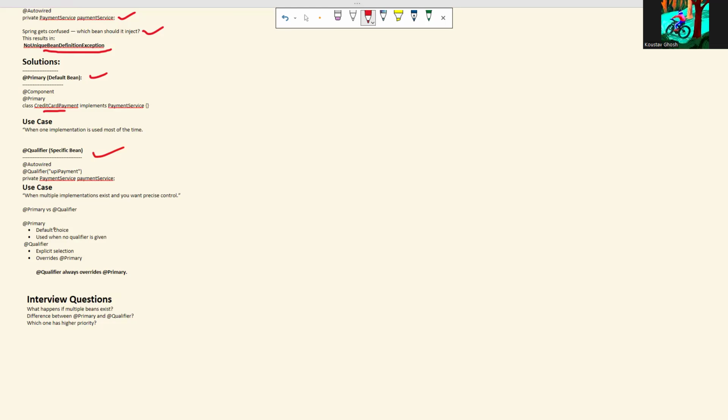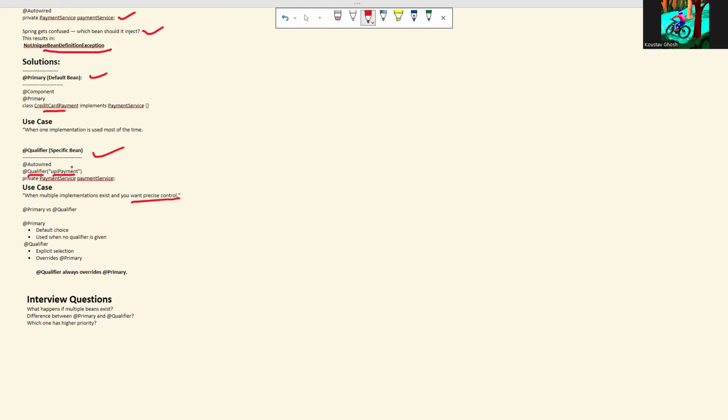When multiple implementations exist and you want precise control, the qualifier annotation comes into the picture. In the order service, where the payment service is getting injected, we will specifically add this qualifier annotation, and inside it we will use the class name. We can configure this in our application properties as well.